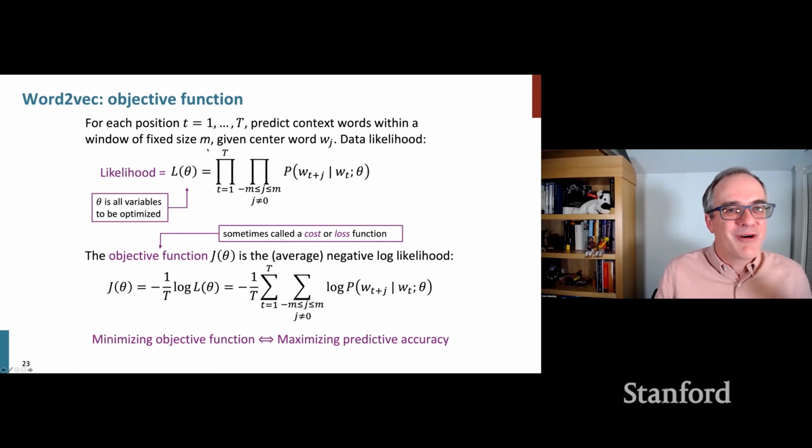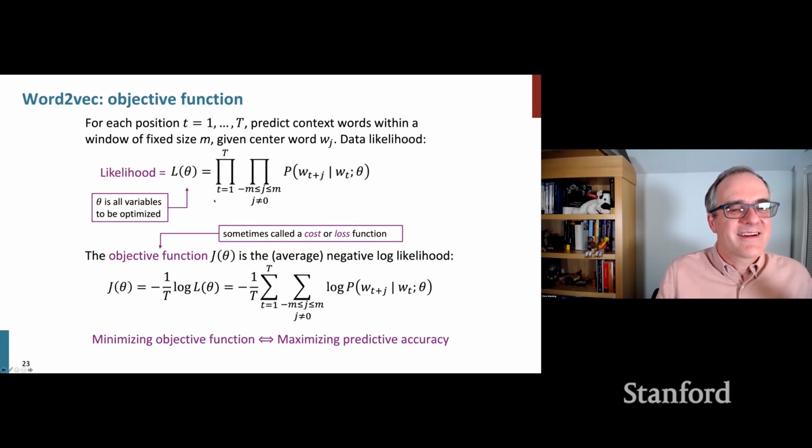So we want to give high probability to words that occur in the context. And so what we're going to do is work out what's formally the data likelihood as to how good a job we do at predicting words in the context of other words. And so formally that likelihood is going to be defined in terms of our word vectors. So they're the parameters of our model.